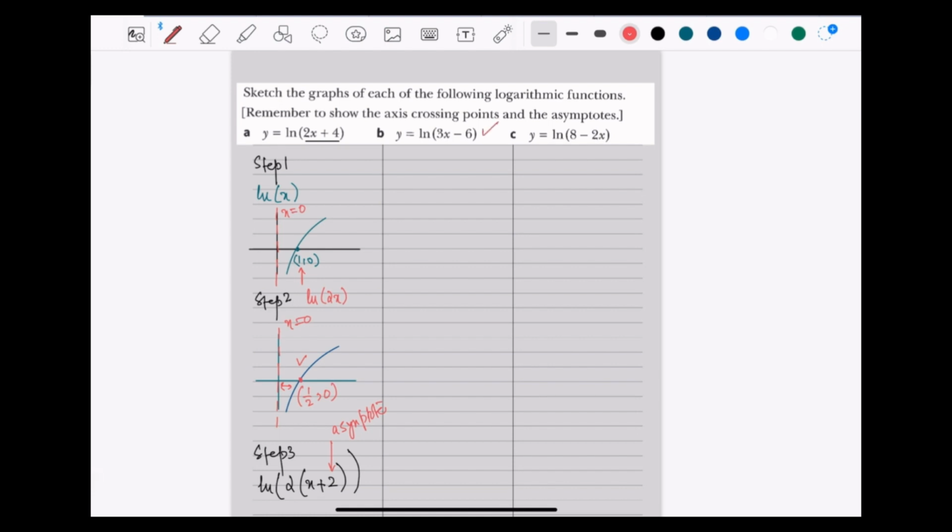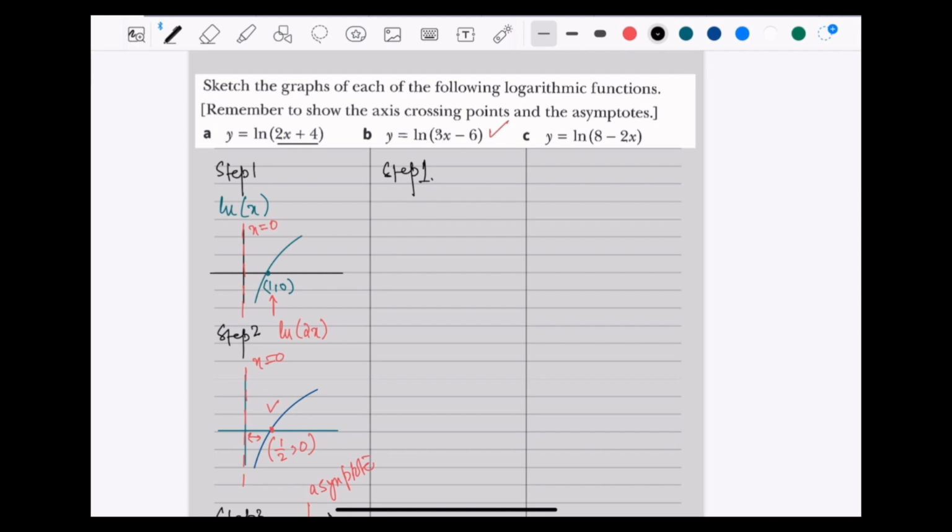Why don't you just pause the video and try solving it? Step 1 is, I'll draw straight away ln 3x. This point here is going to be 1 over 3 comma 0. The asymptote line is the same, x equals 0. The difference is 1 over 3.